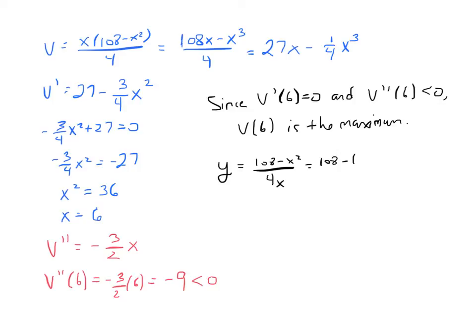So 108 minus 6 squared, so that should be, oops, that's not what I mean. This is 72 over 24, which is equal to 3.